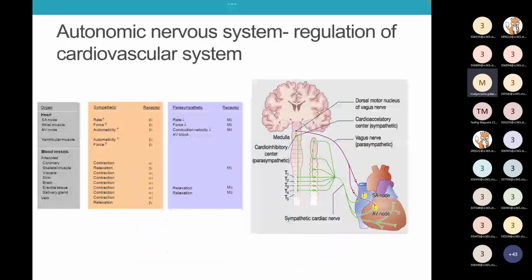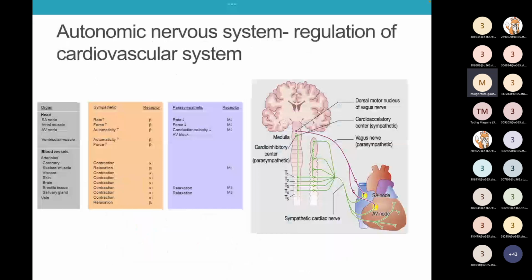The activity of pacemaker cells and the cardiomyocytes can be regulated, and is regulated, by the autonomic nervous system. As you can see on this graph, the parasympathetic nervous system innervates mainly the conduction system of the heart, whereas the sympathetic nervous system innervates the conduction system of the heart as well as the cardiomyocytes within the atria and ventricles. The parasympathetic nervous system does not innervate ventricles.